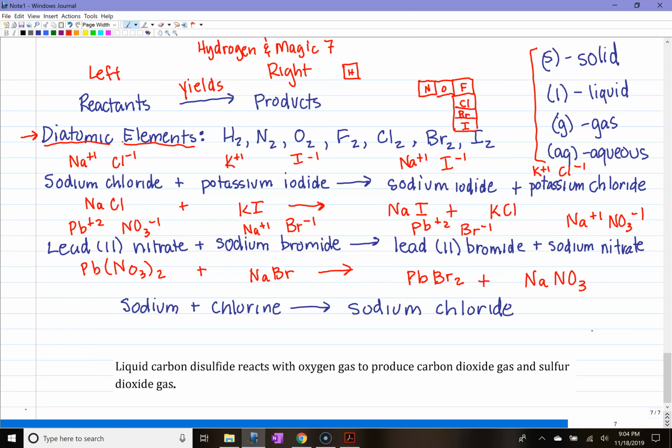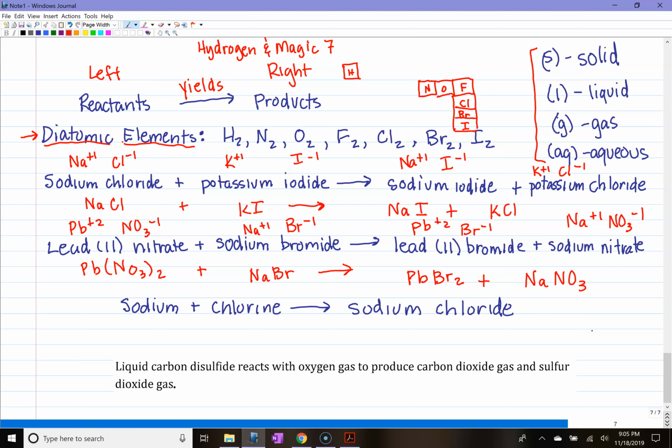The second reaction says lead 2 nitrate plus sodium bromide yields lead 2 bromide plus sodium nitrate. Lead, the Roman numeral 2 tells us that lead has a +2 charge, and nitrate is a polyatomic with -1 charge.